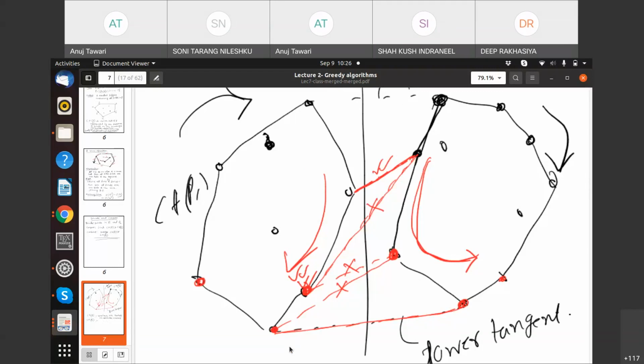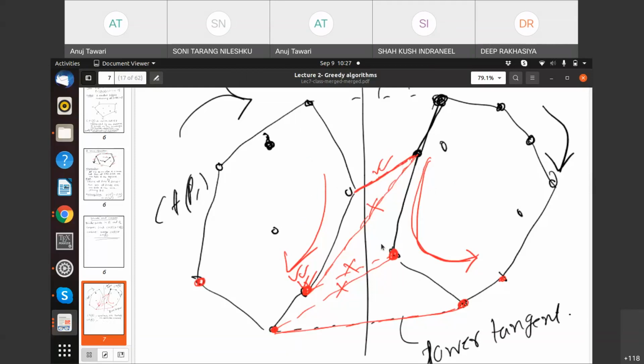And even before that, let's see a trivial merge step. We have these two convex hulls, and we want to find the edges of the convex hull which go from P1 to P2. How do we check whether something is an edge of the convex hull? All the points should be on the same side.